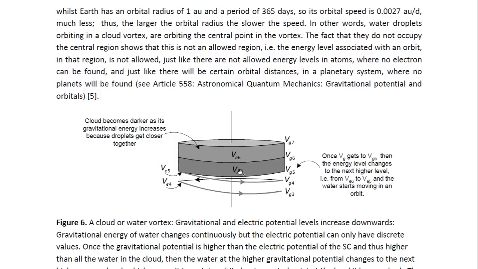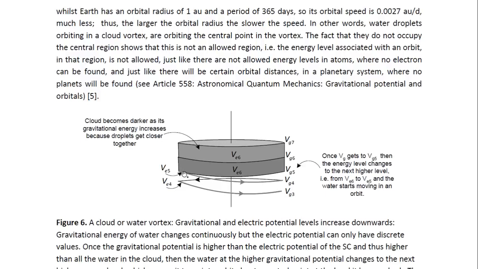And now suddenly you have water that is higher in gravitational energy than it is in electrical energy or electric potential. So what happened is it has to change. So this level has to change to a higher level, but it can only change in steps. So it immediately changes to VE5.